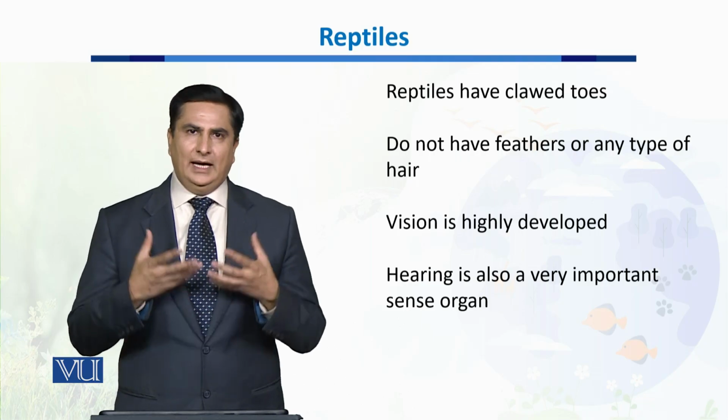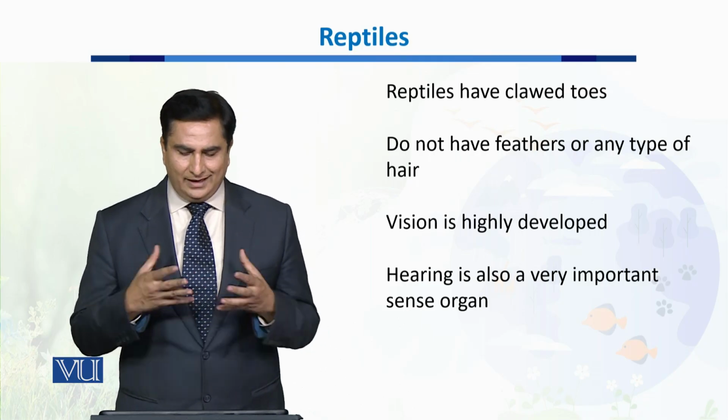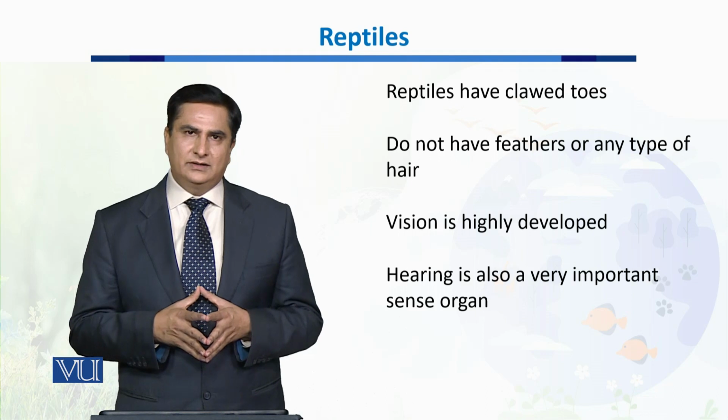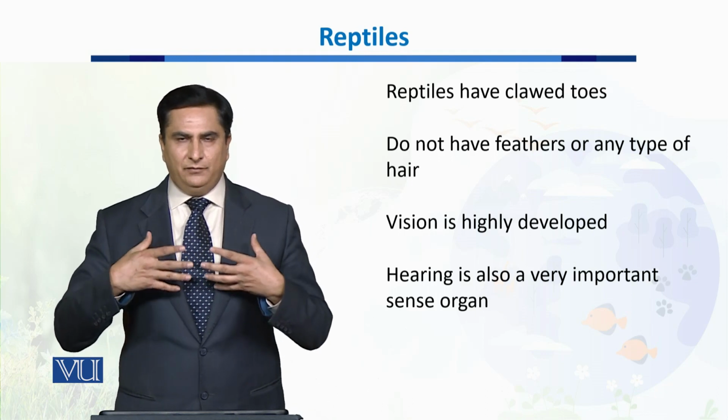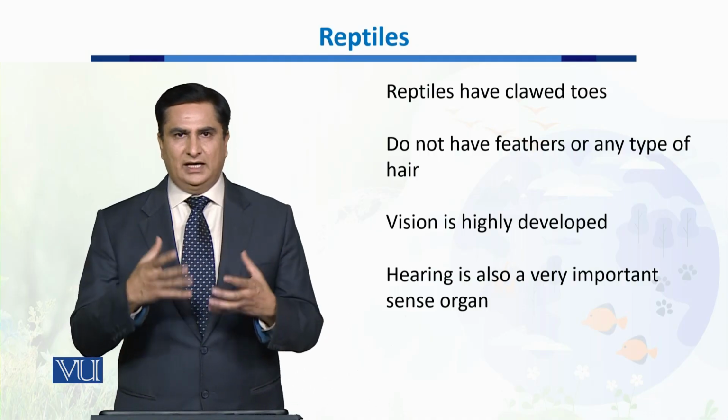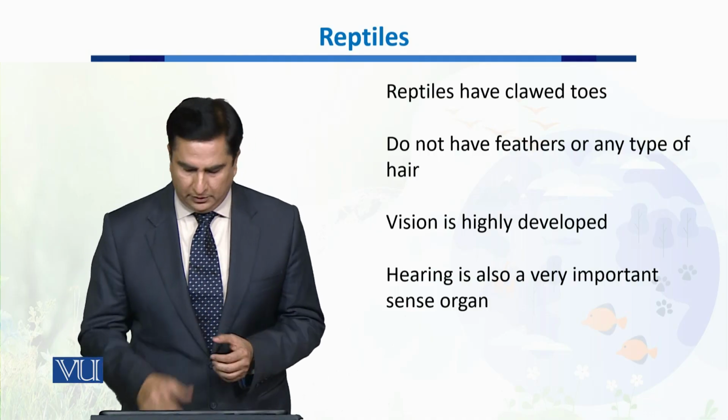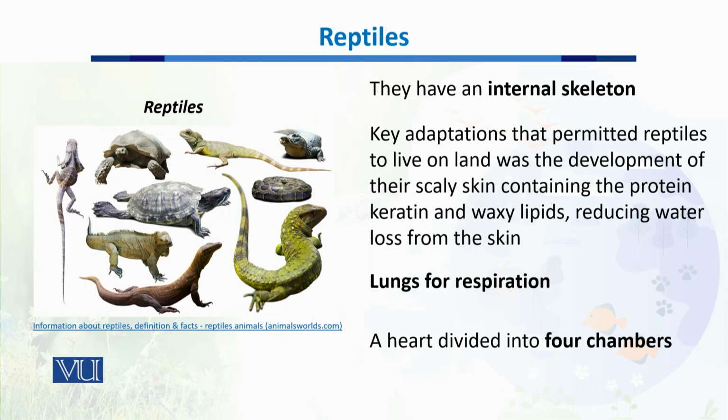They also have very highly developed sensory organs. Hearing is also one of the very advanced and developed aspects of these animals. They have internal structures. These are the different examples of reptiles. You can see snakes, turtles, and lizards; different types of lizards are present.